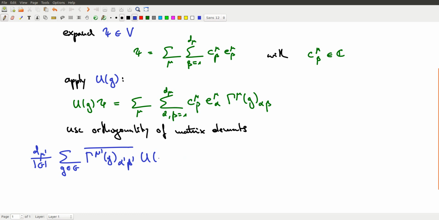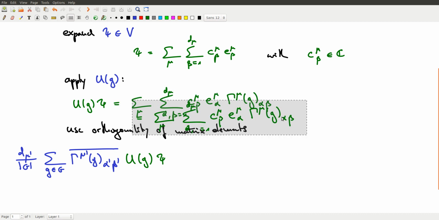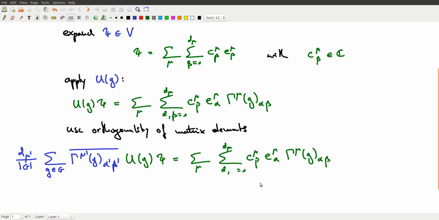And then here's the U of g and the psi, which we already had above. So that's the green part, which we already had. And now let's just copy the rest from up here. So this is equal to this. And we just have to insert the blue part somewhere.